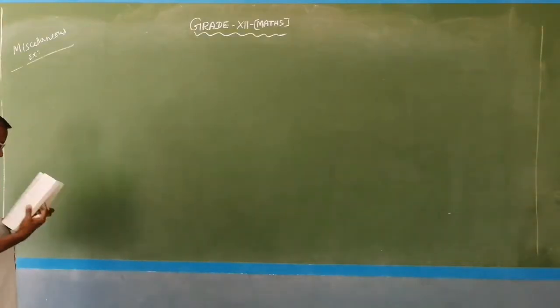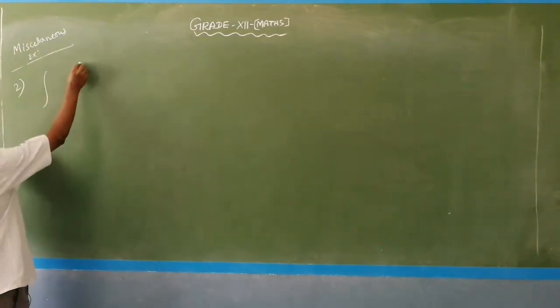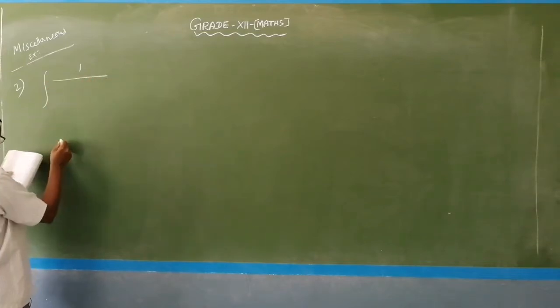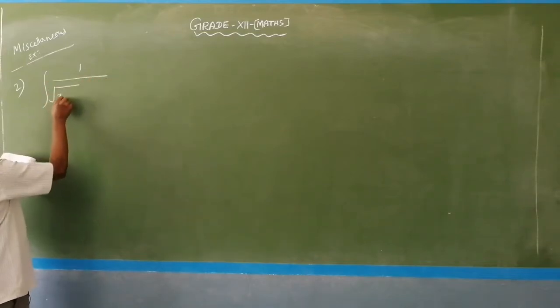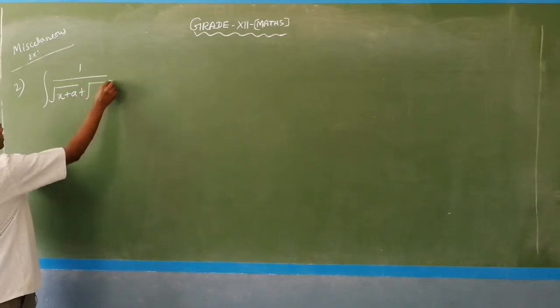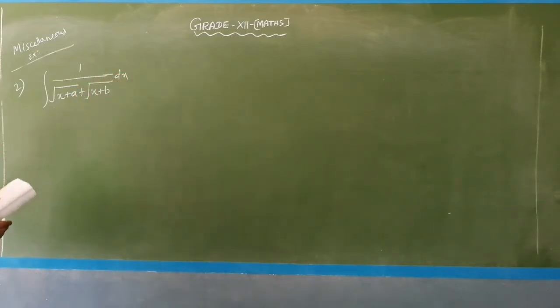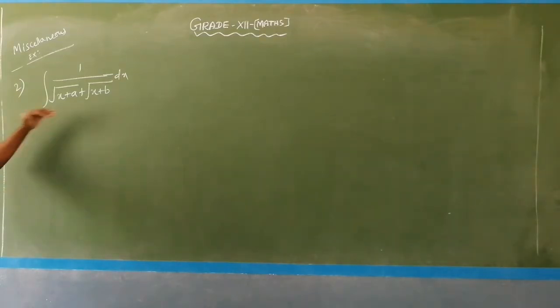Next, question number 2, integral 1 by root of x plus a plus root of x plus b into dx. Now, we have to reform it.